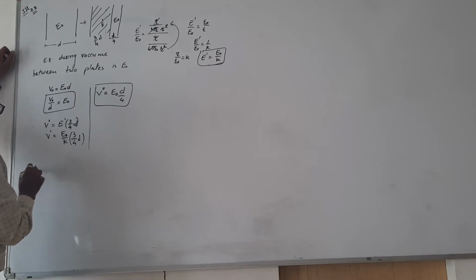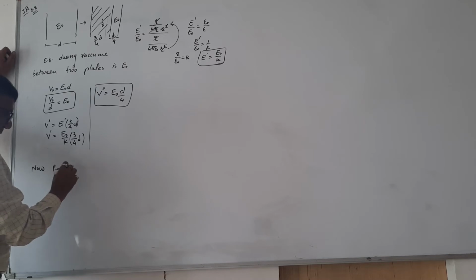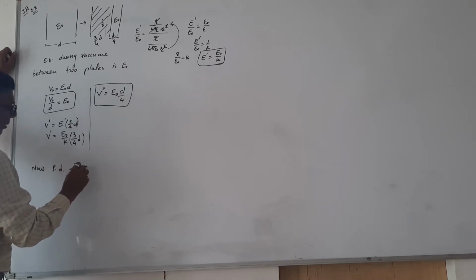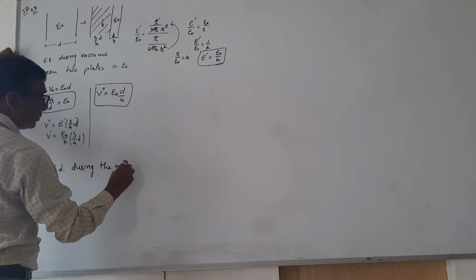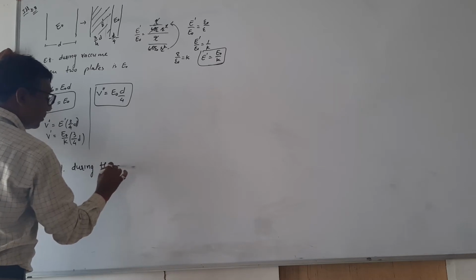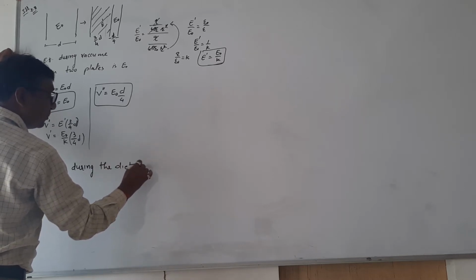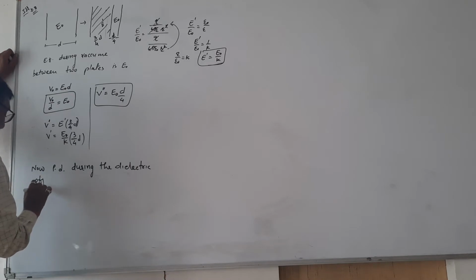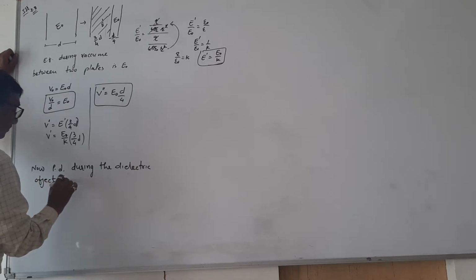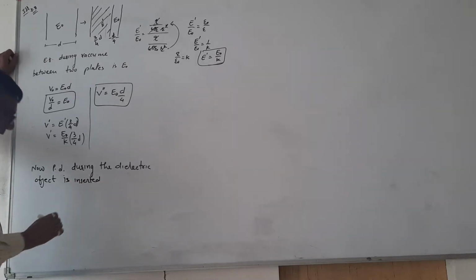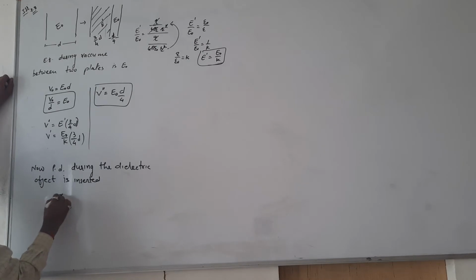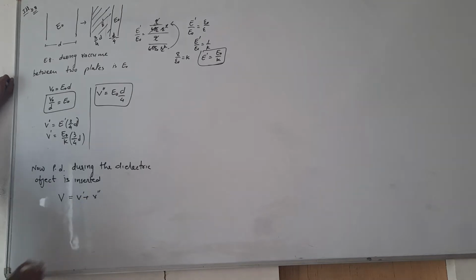Now the potential difference when the dielectric object is inserted is V equal to V dash plus V double dash.